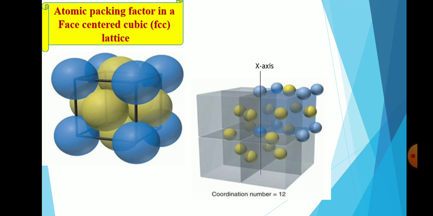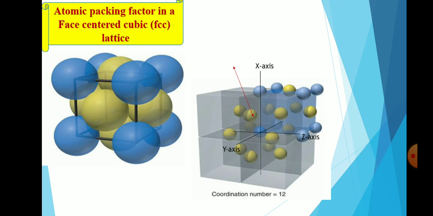Here the 6 atoms present on the plane on this corner atom, that is blue atom, so it is x, y and z axis, so total is 6.